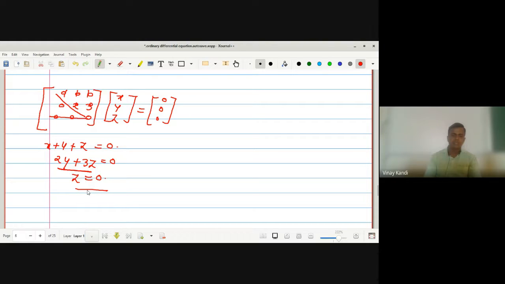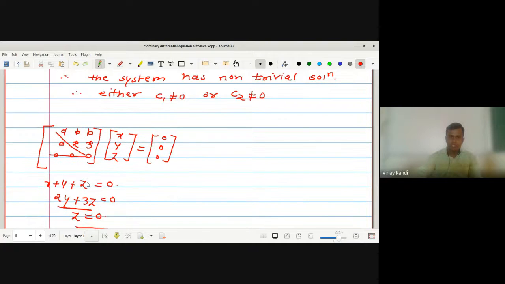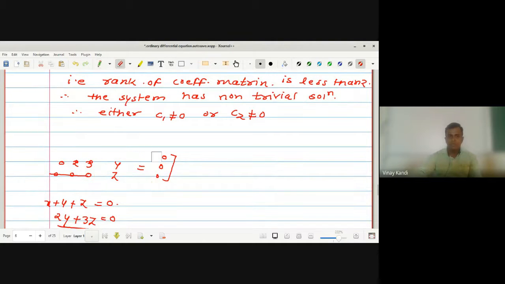हे सॉल्व्ह केलं असणार तुम्ही. ओके, एकदा बघा बीएससी फर्स्ट इयर पार्ट 1. So it means that either C1 is not equal to 0 or C2 is not equal to 0.